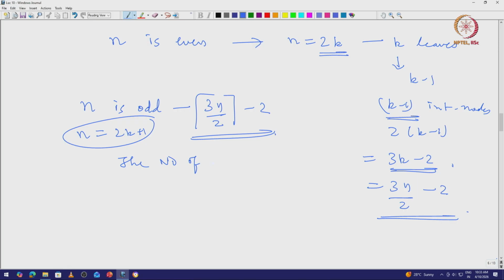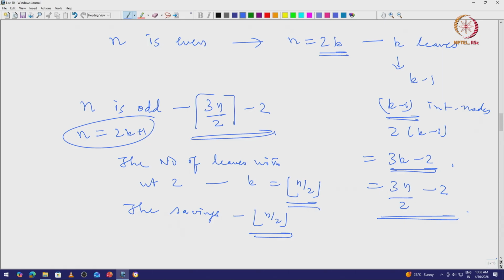The number of leaves with weight 2 is k, which is equal to floor n by 2. Therefore, the savings will be floor n by 2. Always, when n is odd or even, it is always floor n by 2.